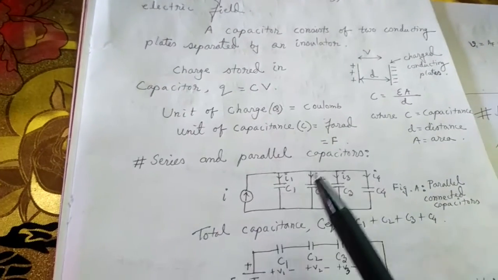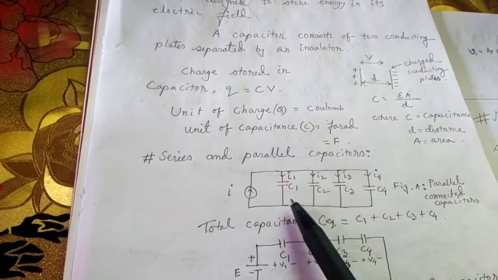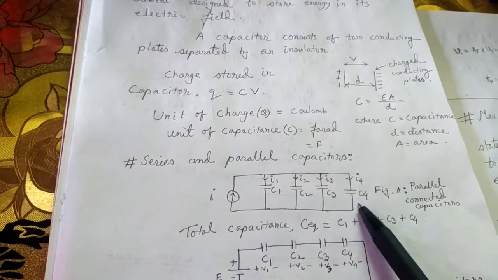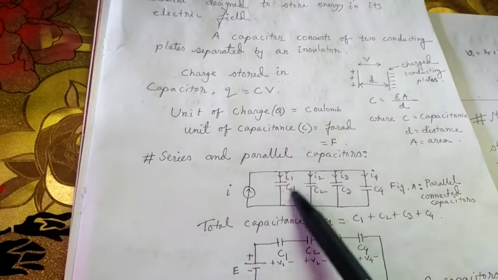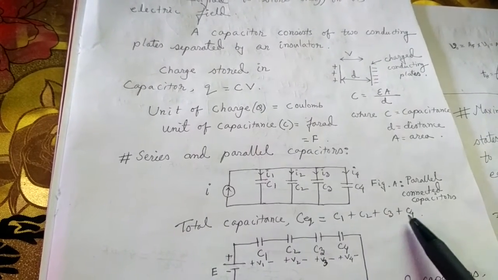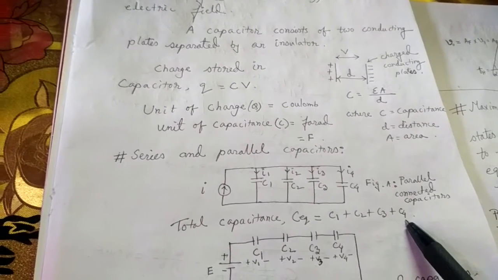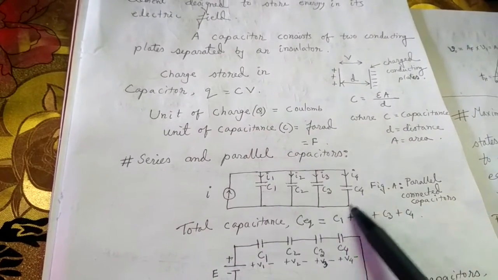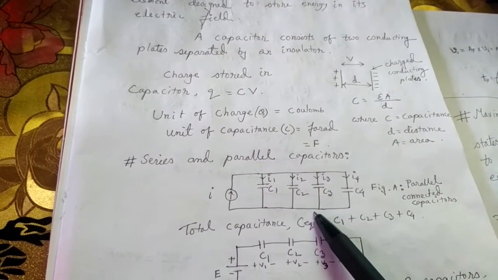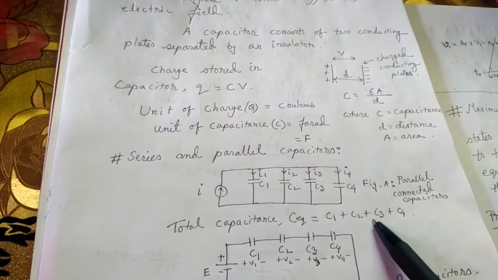Now we are going to determine how to calculate the series and parallel equivalent capacitance. Here you see some capacitors connected in parallel, and their total equivalent capacitance is calculated as C1 plus C2 plus C3 plus C4. It is just similar to the series operation of resistance. In parallel connection of capacitors, C equivalent equals C1 plus C2 plus C3 plus C4.